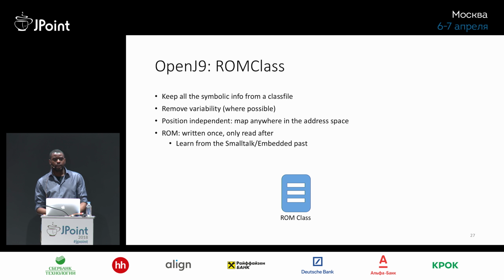The ROM class keeps track of symbolic data in the class file, things like UTF string literals, bytecodes, primitive constants. And the ROM class attempts to remove all variability from the class file. In some cases, this is not possible, as I'll show you later. But for most of the data, we're able to do this without variability. Also, the ROM class is position independent, so it can be mapped anywhere in the memory space.